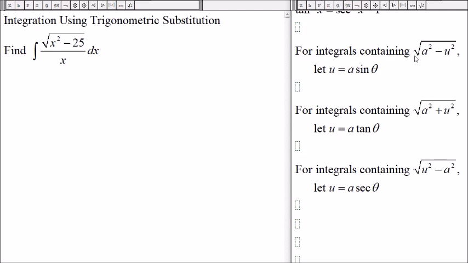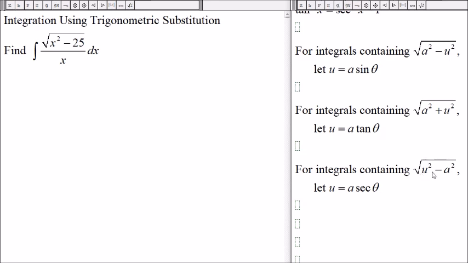So if the integral contains expressions like the square root of a squared minus u squared, then we would let u be a sine of theta. If the integral contains expressions like the square root of a squared plus u squared, then we will let u be a tangent of theta.